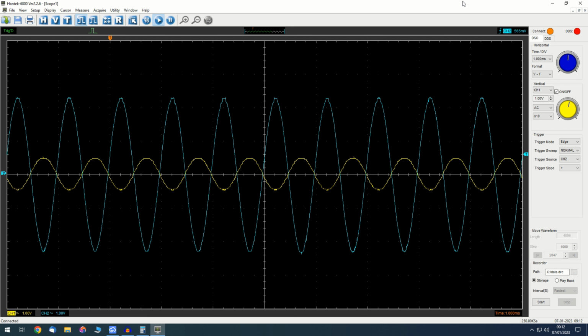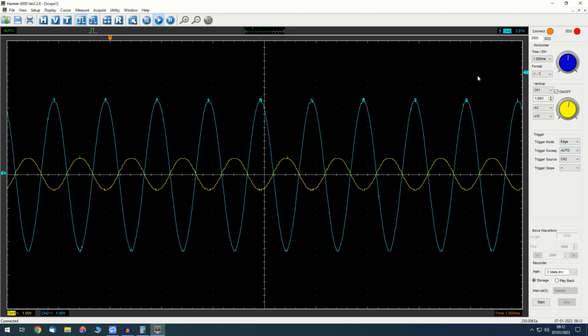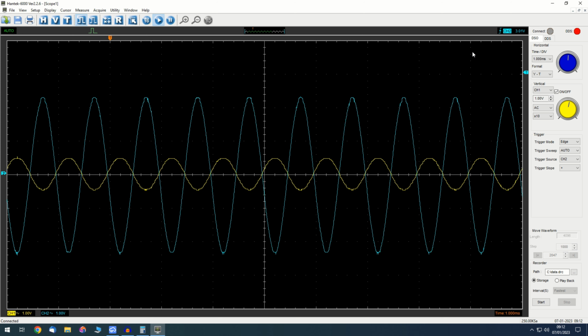Right, a bit better lock. Okay. Maybe not. Right, so as I was saying before, I think it's actually better with it drifting. So at least it's not kicking like that.